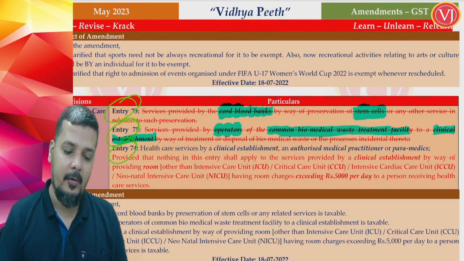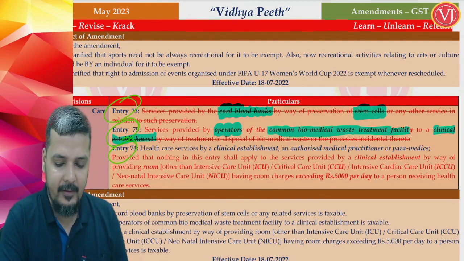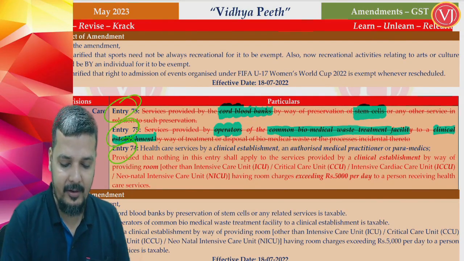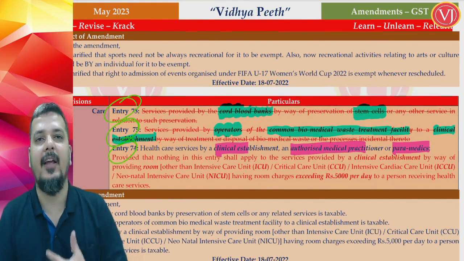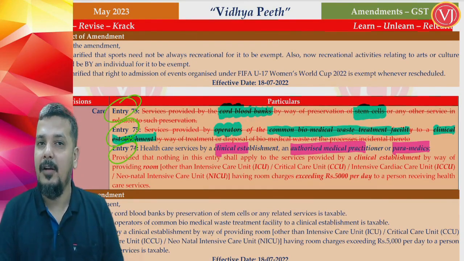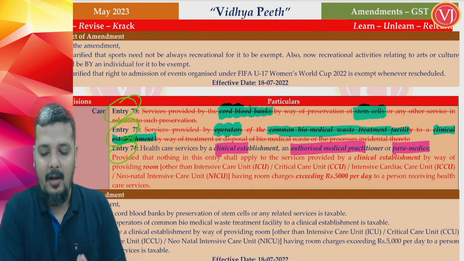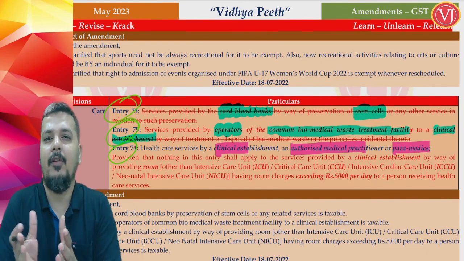Now we are talking about services by clinical establishments, hospitals. Services by clinical establishment or authorized medical practitioner or paramedics, whenever they are giving some services, it was exempt. But now there's an amendment for clinical establishments only, not for the authorized medical practitioner, that is doctors, or paramedics, like physiotherapists, not for them.